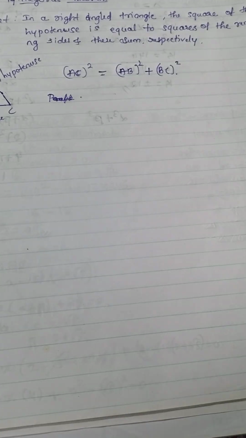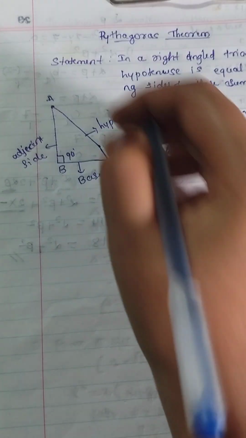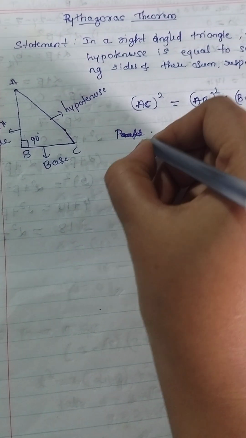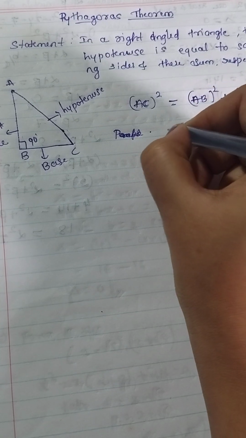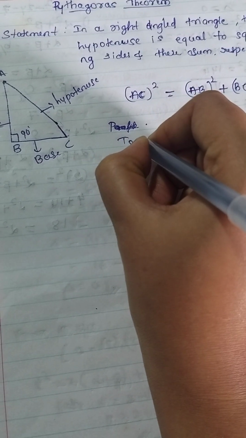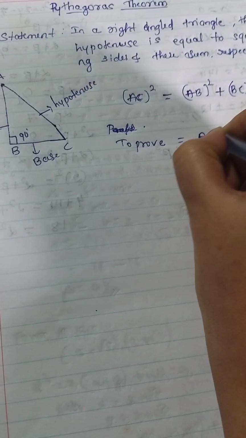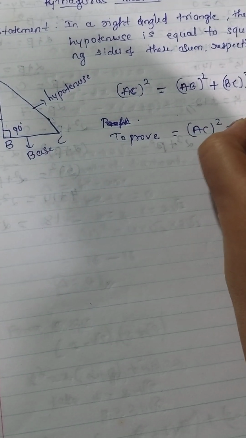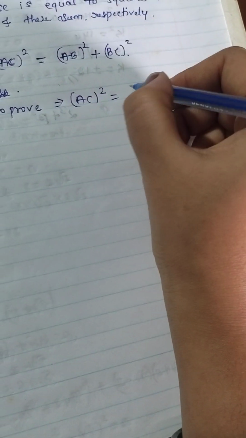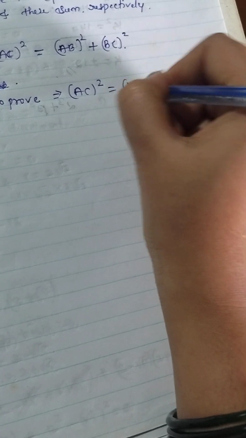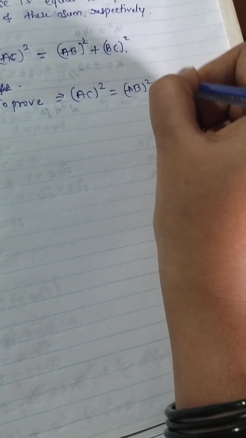Now I will solve the theorem. Okay, so now how to prove here: AC square is equal to AB square plus BC square.